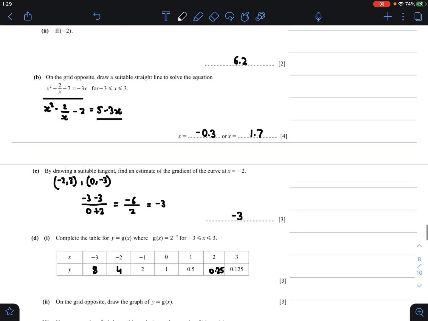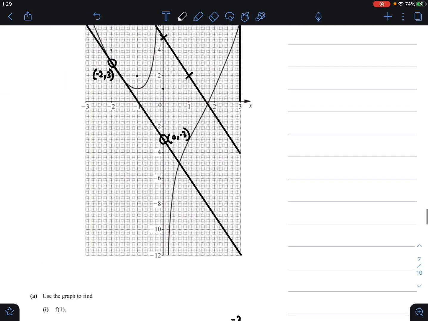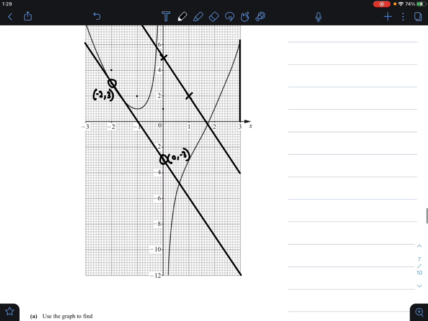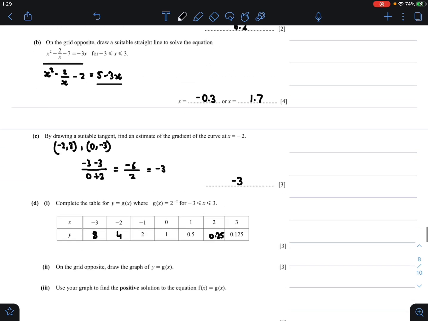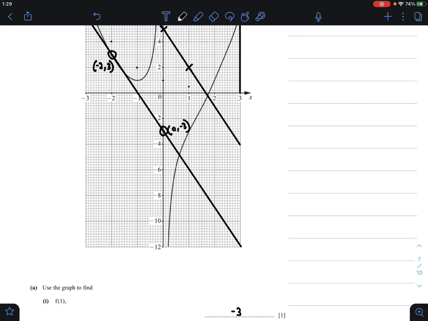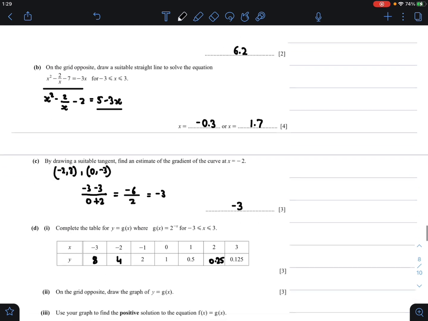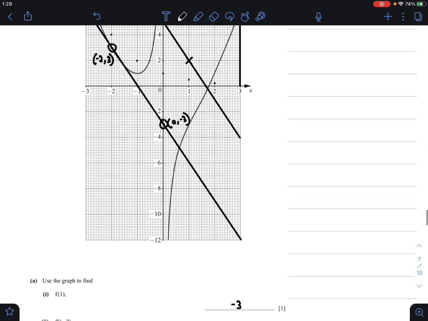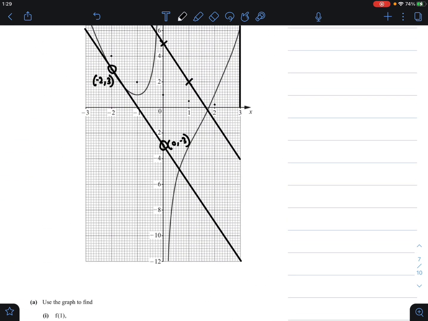Next is 1, 0.5, which is right here. Then is 2, 0.25, which is right here. And 3, 0.125. That point you don't really need to plot, because that would be really tough to plot on this graph. So let's go ahead and draw the curve.